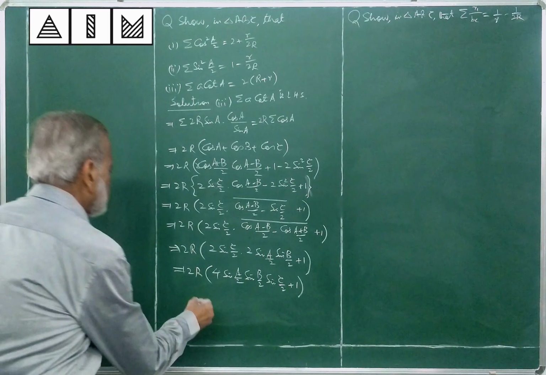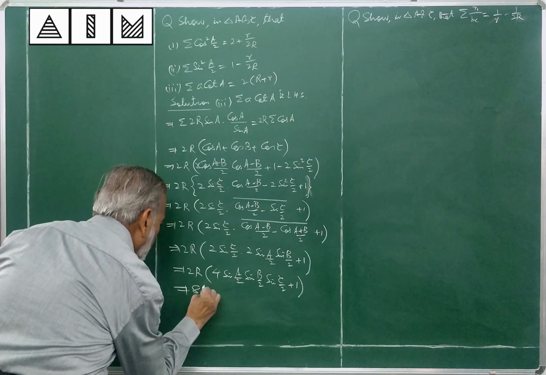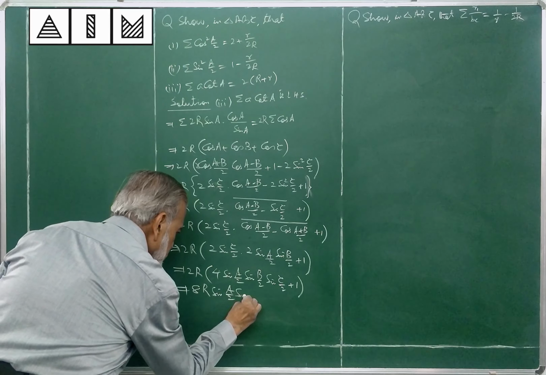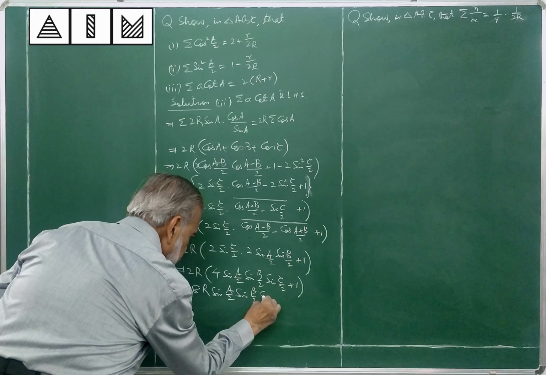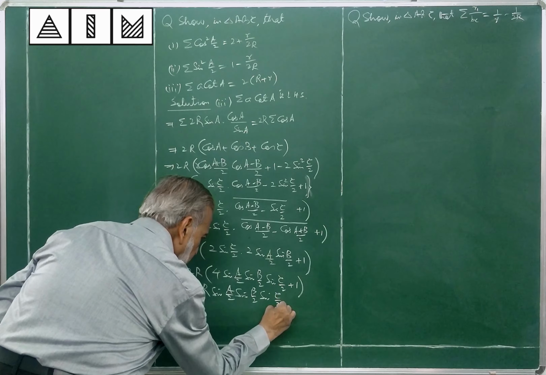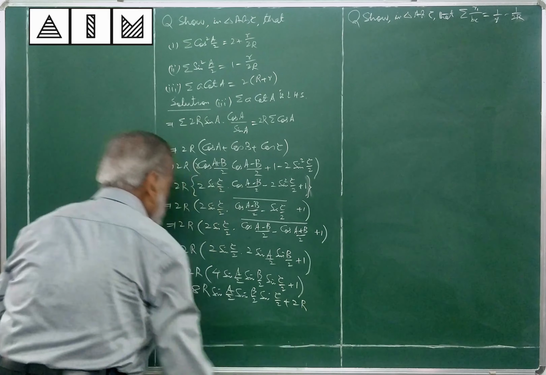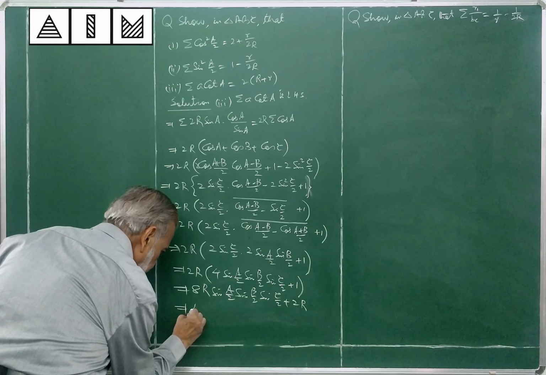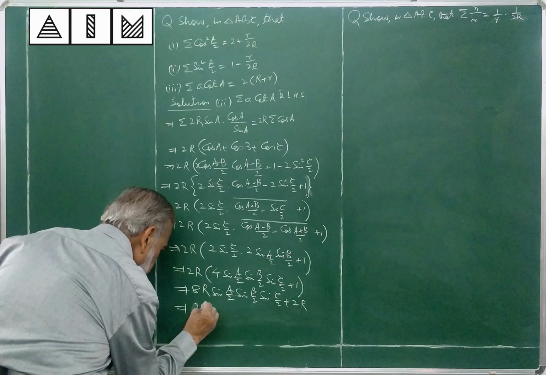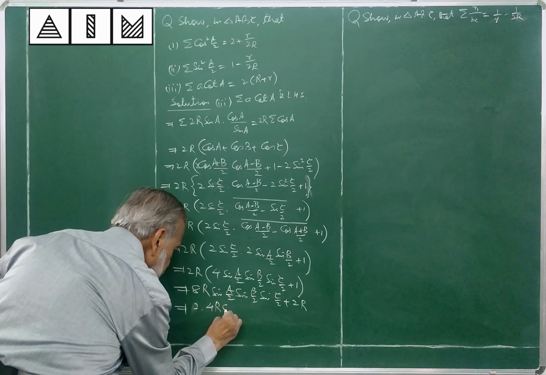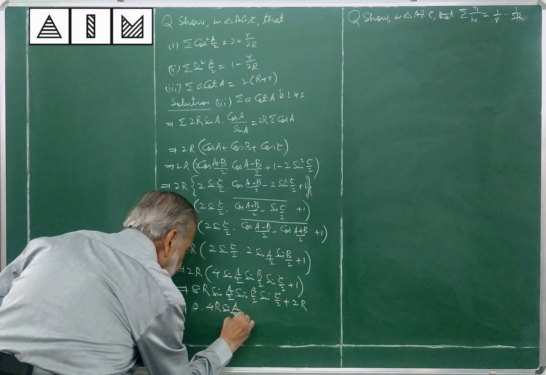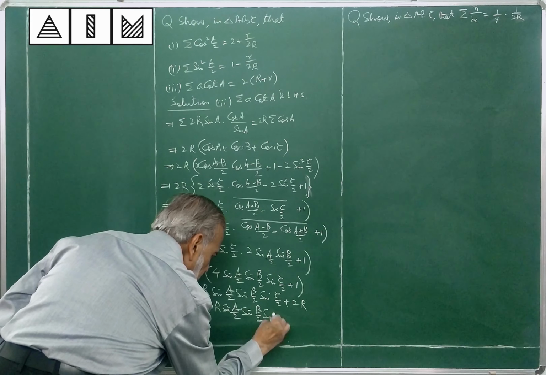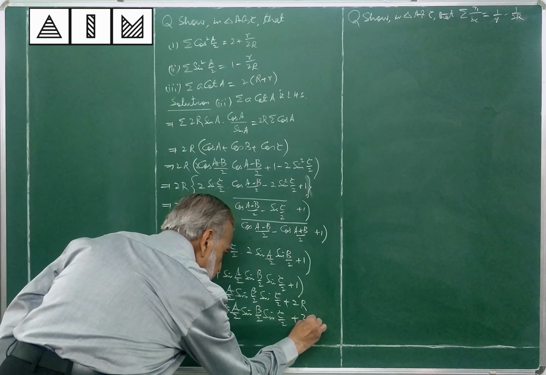Let us open the bracket. 8R sin A by 2 sin B by 2 sin C by 2 plus 2R. This 2R multiplies 1, giving 2R. Rewriting this, 2 times 4R sin A by 2 sin B by 2 sin C by 2 plus 2R.